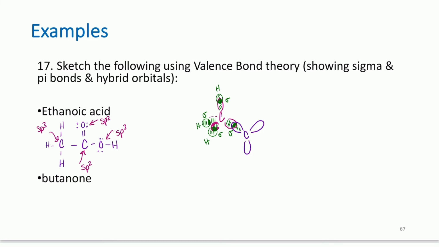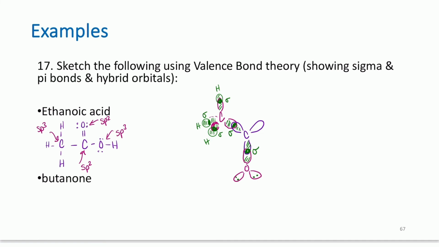This carbon is double bonded to an oxygen and singly bonded to another oxygen. So, 1 oxygen it's bonded to is also sp2 hybridized, which is square planar in shape. This is a sigma bond. And that oxygen has 2 lone pairs in its other lobes.